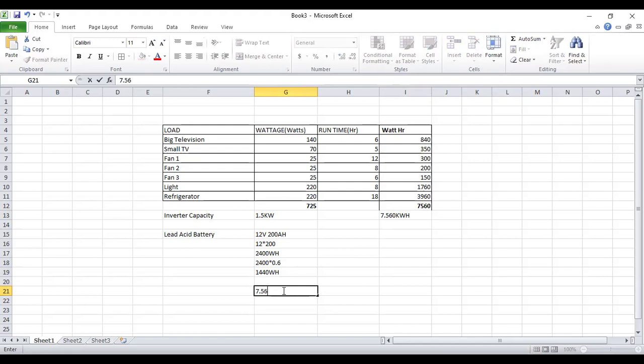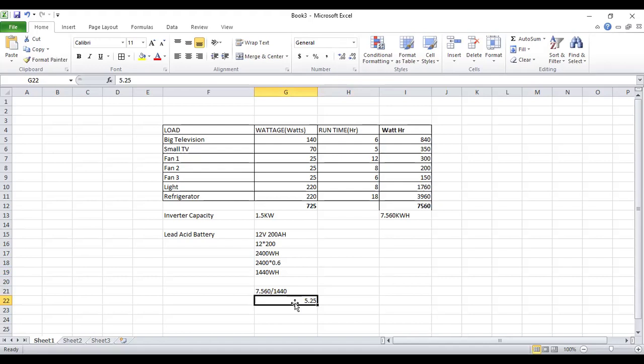So you divide 7,560 by 1,440, which we've gotten 5.25. That is the number of batteries we are going to be using on this project.